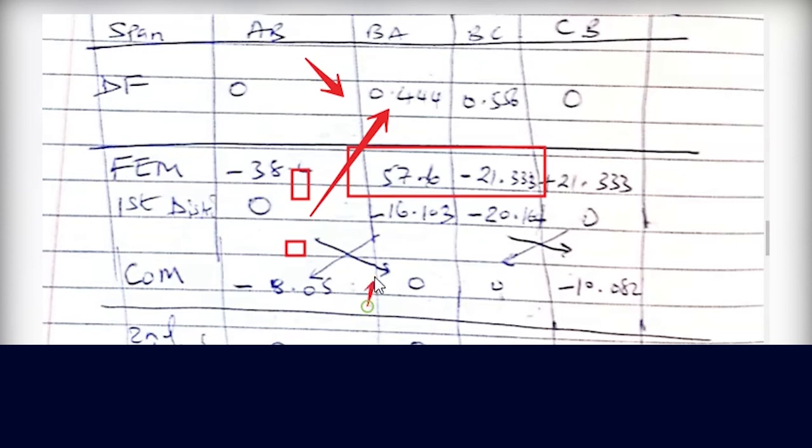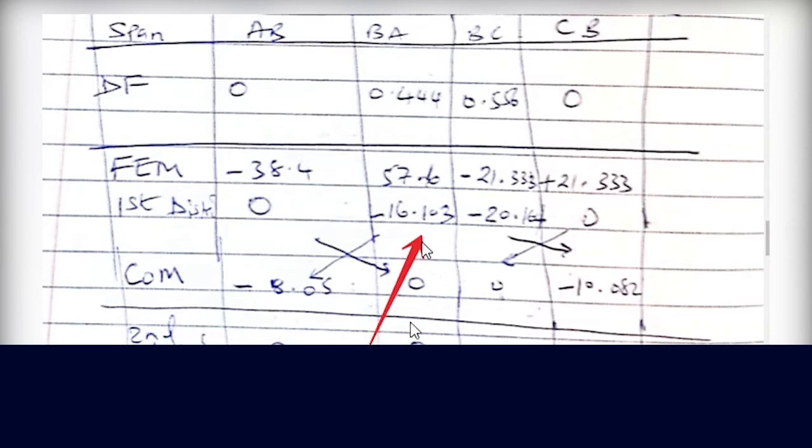Now the ratio with the summation of a negative unbalanced here, we got about 10, this value here, and we got about 16, this value here.